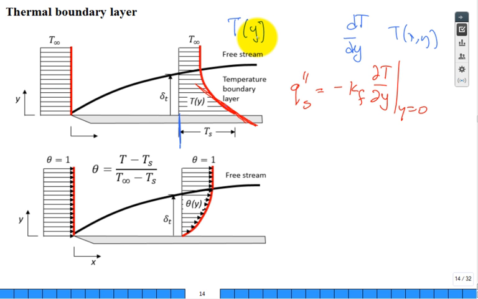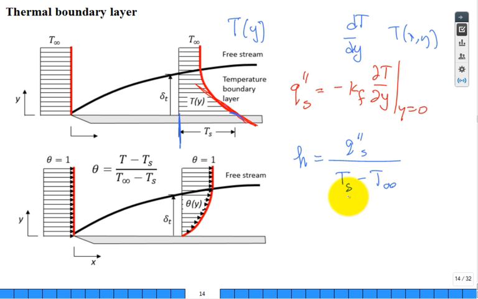Anyway, let's continue on. Now, if I can get that, that gives me my Q double prime. How am I going to use my Q double prime? I'm going to go back to Newton's law of cooling and have h equal to Q double prime at the surface divided by the temperature of the surface minus the temperature far away. My goal is to get h.